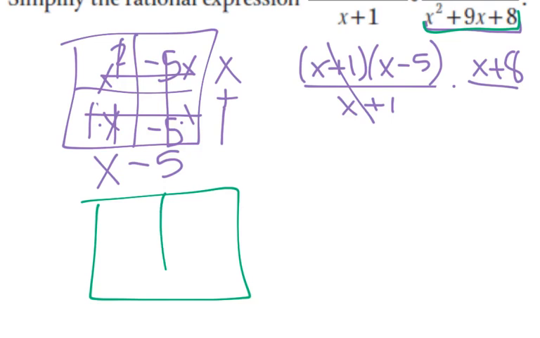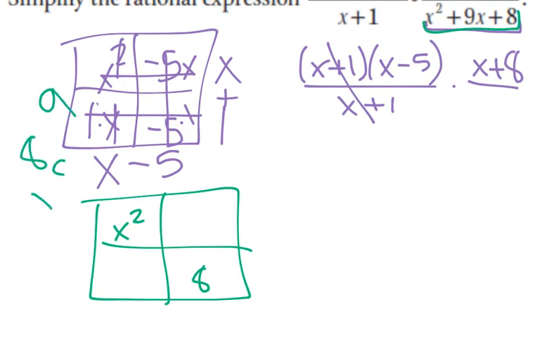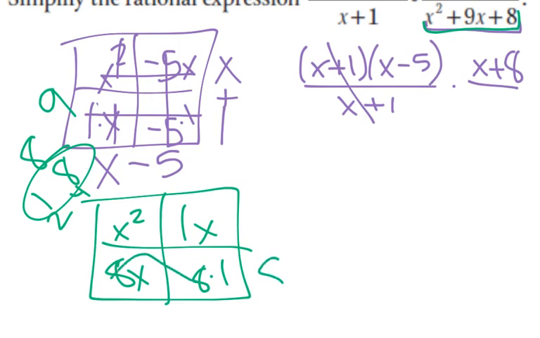So we've got x squared and 8. Factors of 8 that would add up to 9: 1 and 8, or 2 and 4. It's going to be 1 and 8. So 1x, 8x, so that's like 8 times 1. So I can pull out a positive 8, pull out 1x, pull out a 1, it's positive, and pull out my second x.